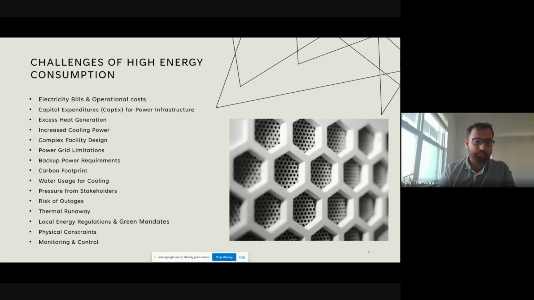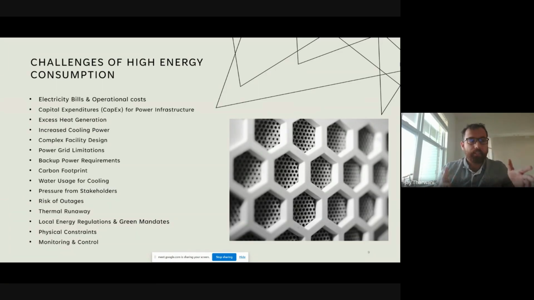And then you have more capital expenditures, capex, right? Capital expenditures, which is money taken out from a company for power infrastructure. You're just paying money to maintain that particular data center for a cloud or any particular data center, right? You need increased cooling power. And then you also have to manage this high energy, you have very complex facility designs.